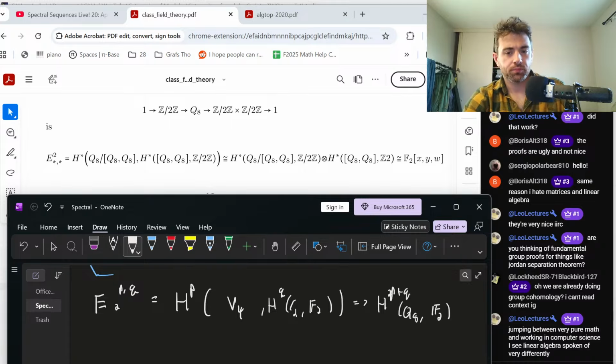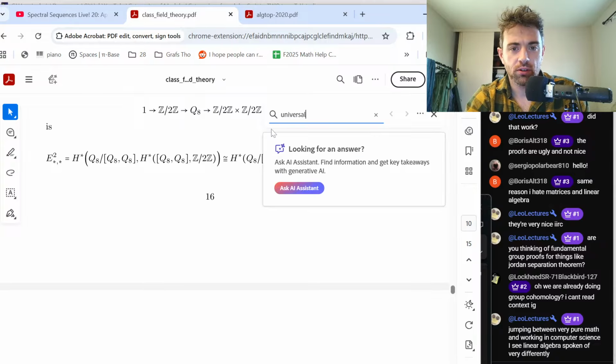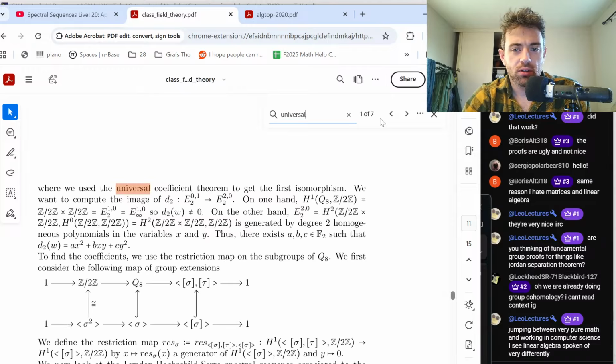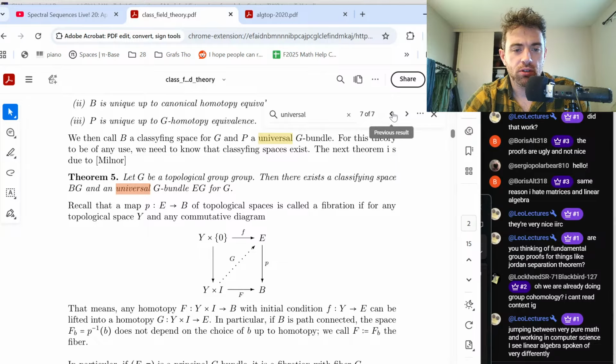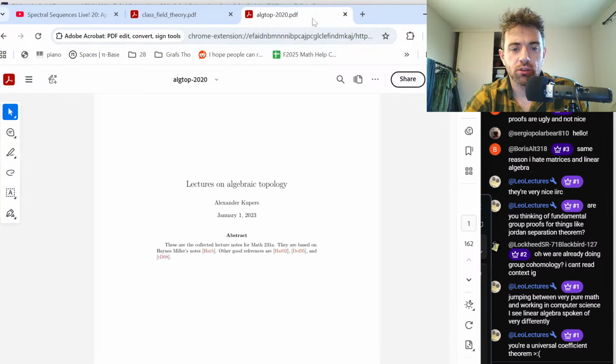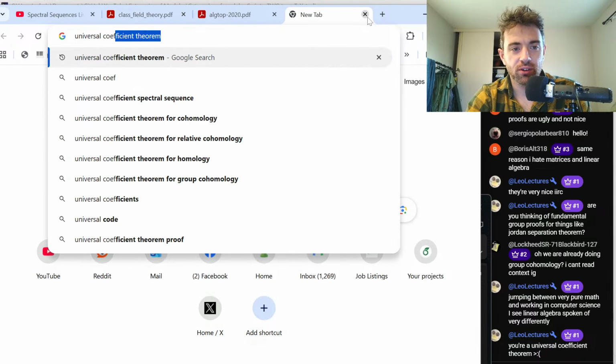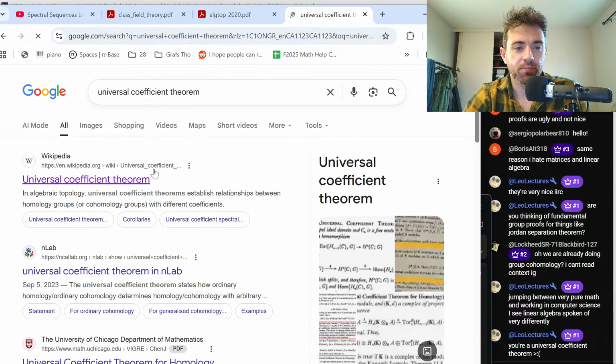Did we cover the universal coefficient theorem in this document? No, we did not. So, right, this is homework. We're reading somebody's homework right now. Universal coefficient theorem.